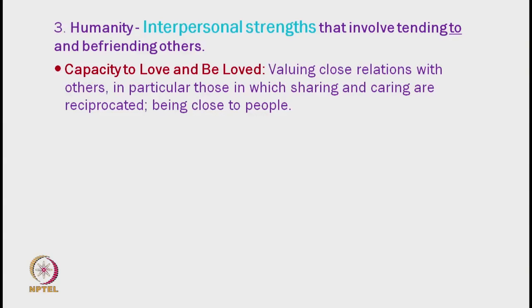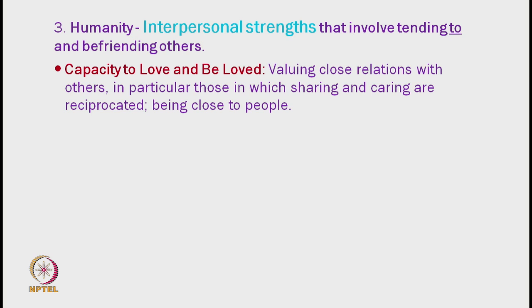Next virtue is humanity. Humanity means interpersonal strengths that involve tending to and befriending others. So, when we are dealing with others, we have a friendly attitude. Under this virtue, the first character strength is capacity to love and be loved. Valuing close relationships with others, in particular those in which sharing and caring are reciprocated, being close to people.